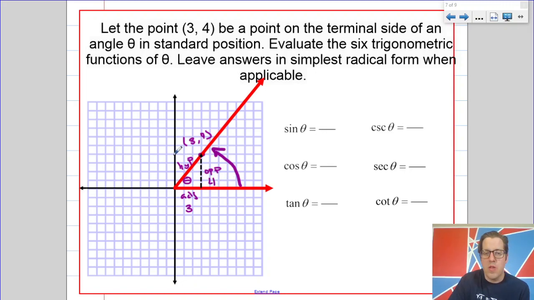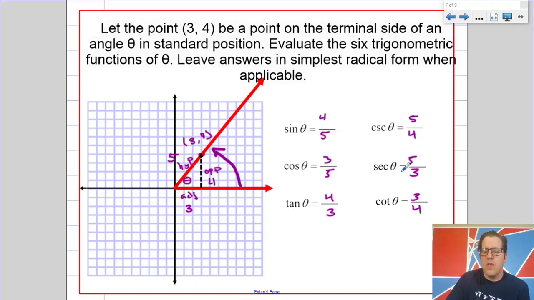And by the Pythagorean theorem, I have 5 as my hypotenuse, which makes it really easy to find the sine, 4/5, and the cosecant, 5/4, the cosine, 3/5, and the secant, 5/3, and the tangent, 4/3, and the cotangent, 3/4.